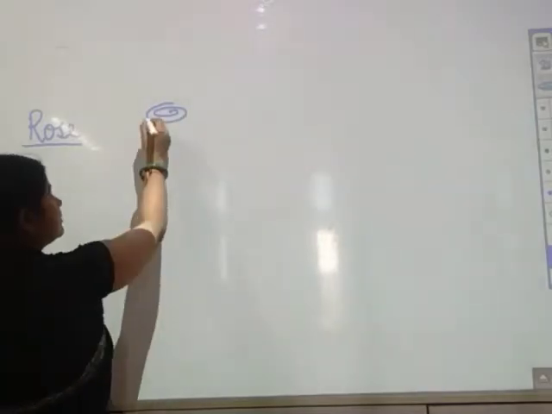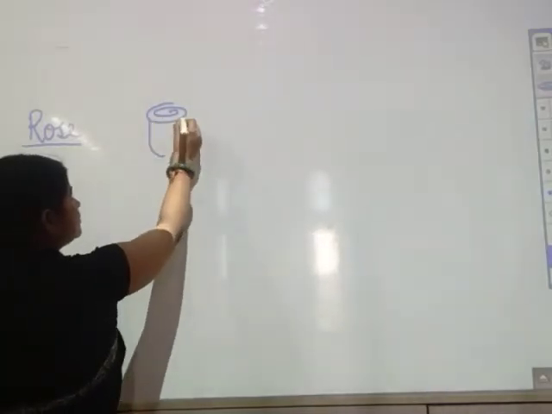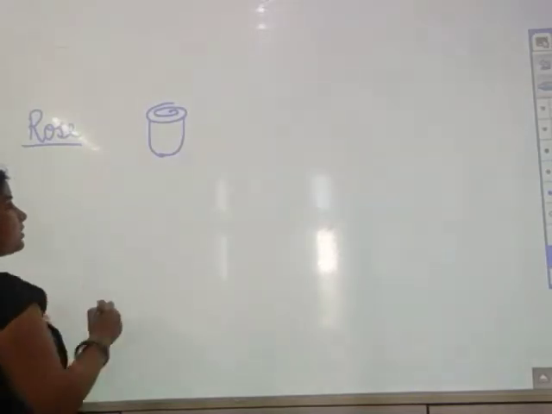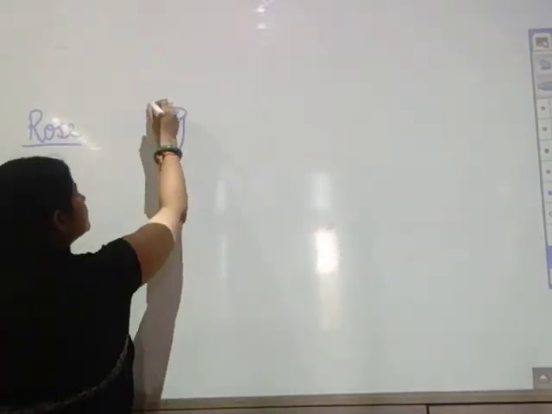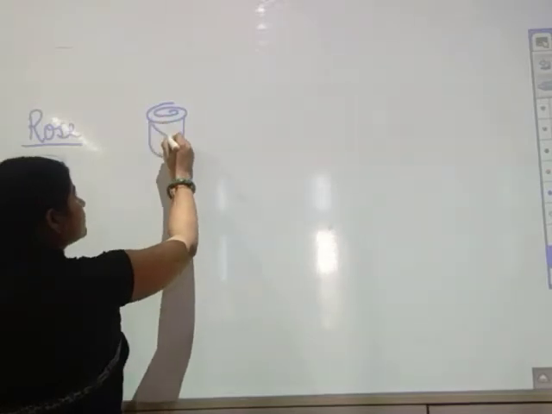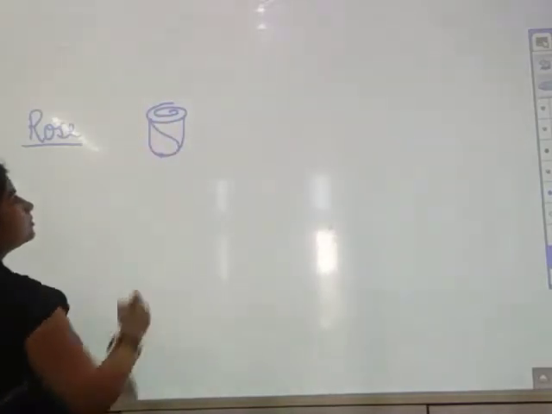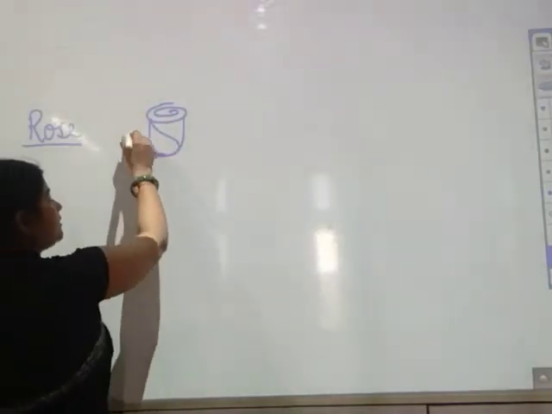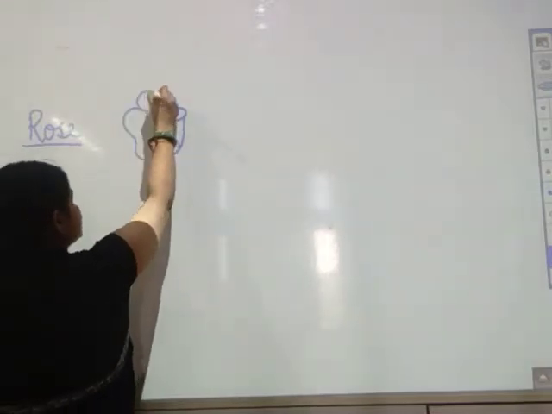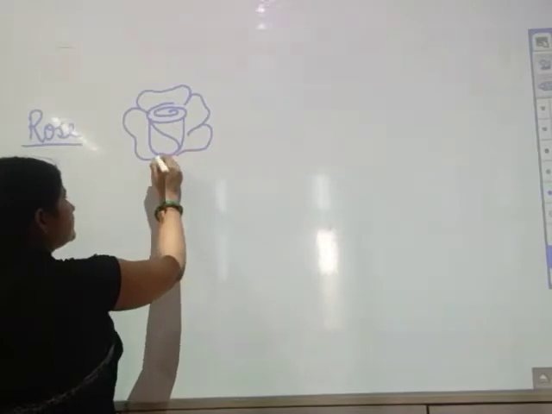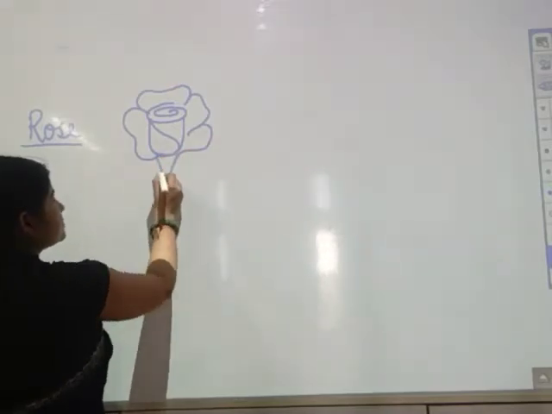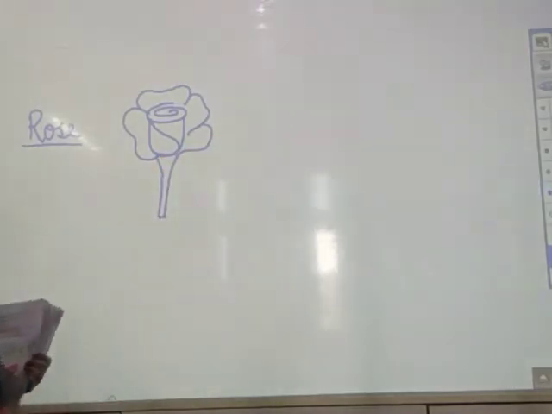Okay? U, a small u. Then after that, and give the petals. It will look like rose. Okay?